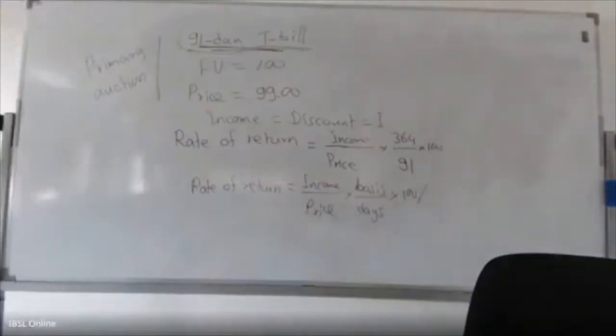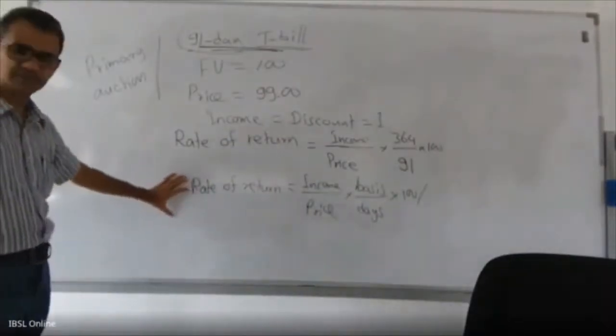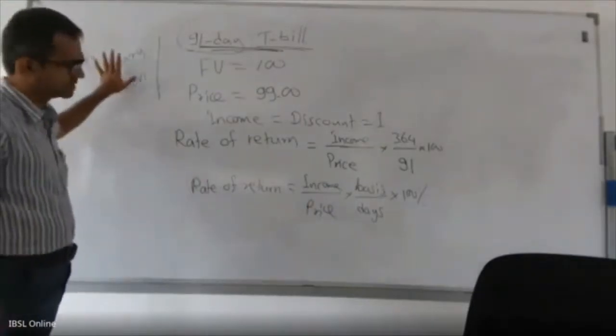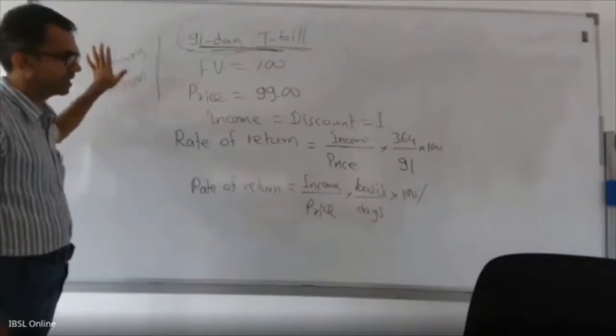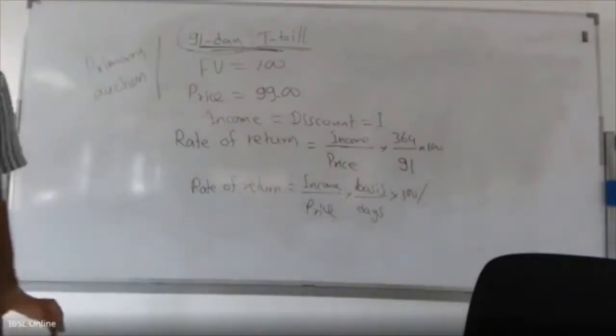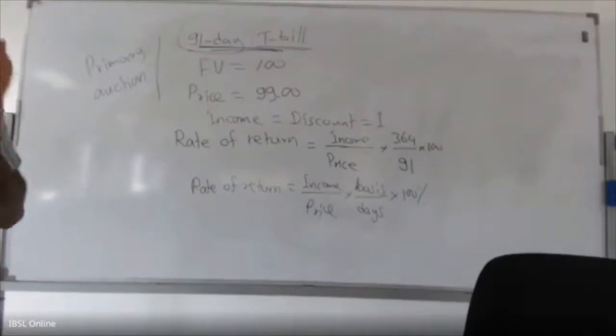Now you can calculate the rate of return for the first investor, assuming he holds it until maturity.